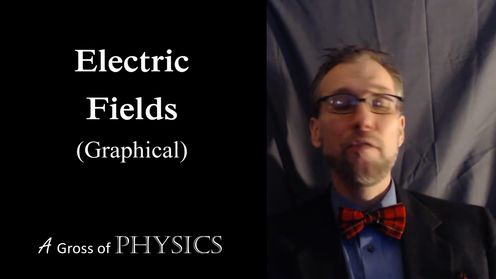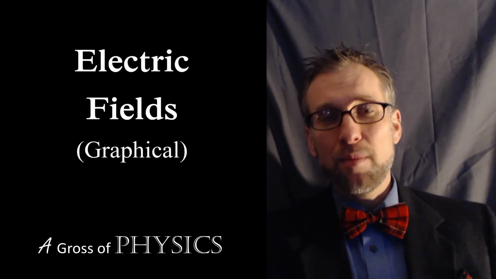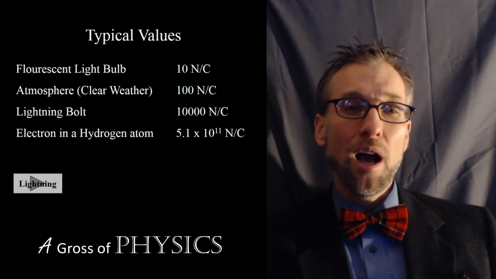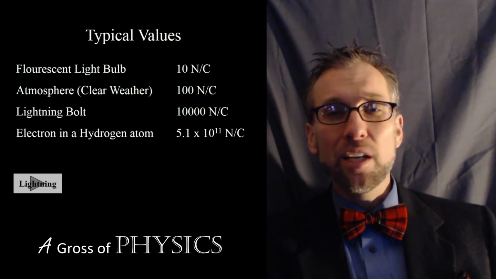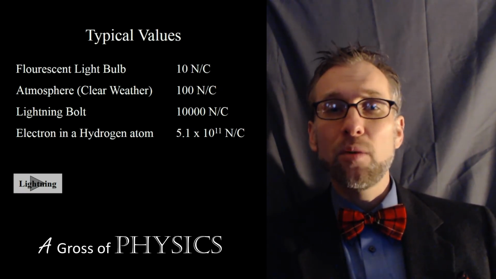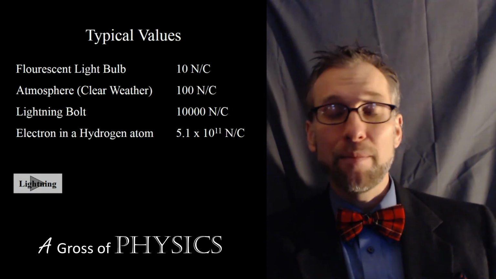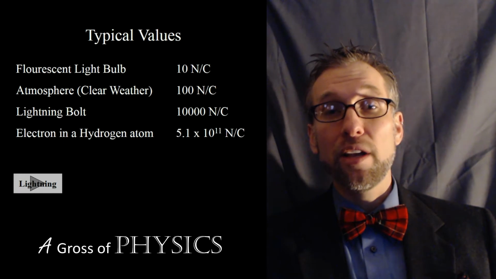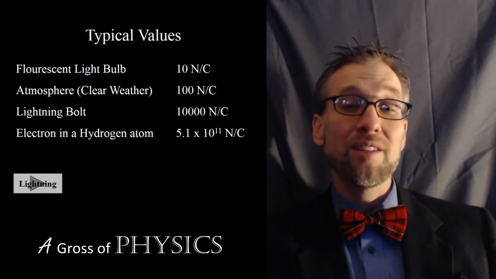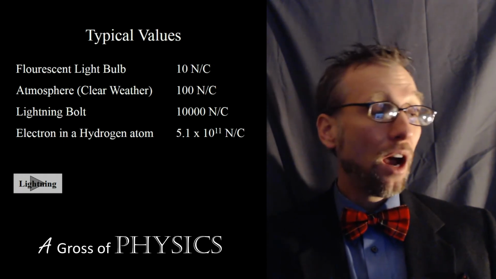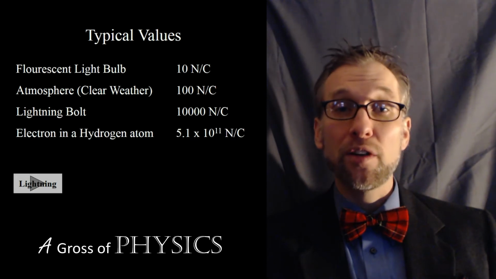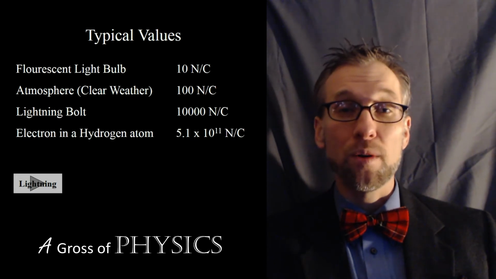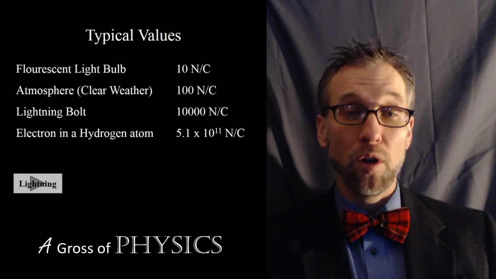Now, in terms of electric fields, I want to discuss some typical values that we may be dealing with, because it's not something that we're familiar with like gravity. For example, a fluorescent light bulb will exert an electric field around it of around 10 newtons per coulomb. On the other hand, the atmosphere during clear weather where there's no storms is about 100 newtons per coulomb.